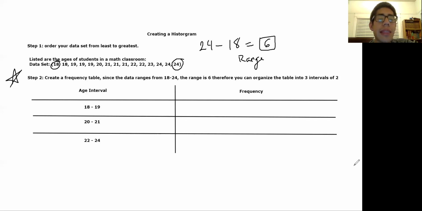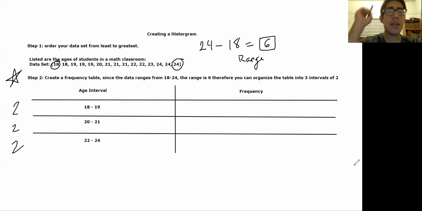You need to split this range into sections that are even to the best of your ability. It's okay for the last category to have a little bit of extra numbers, but we generally want to break them up into even categories. Since there's 6 of them, we want at least 2 numbers represented in each section. This won't always work. There might be some overlap, and it's okay to have a little bit of overlap.